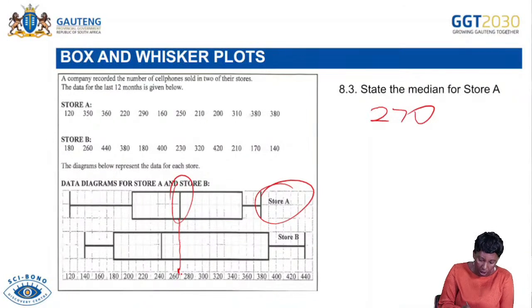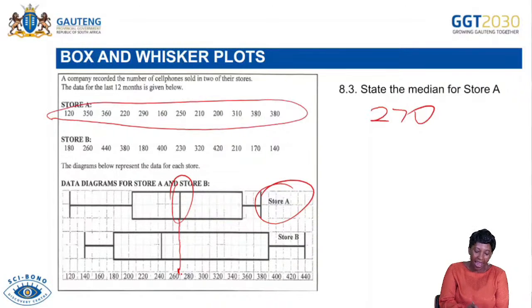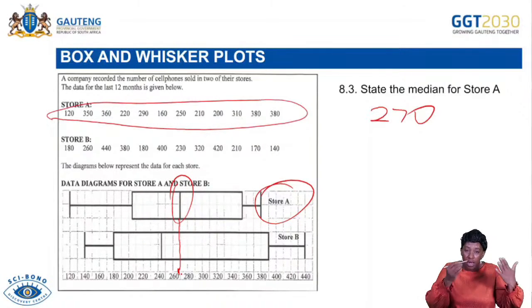The numbers are not arranged in the data set, so for me to get the median, I have to arrange this data set in ascending order. But looking at the box and whisker, I can simply identify my median.